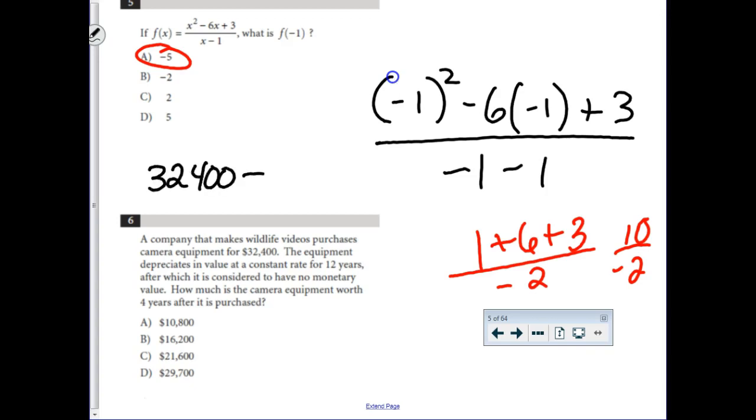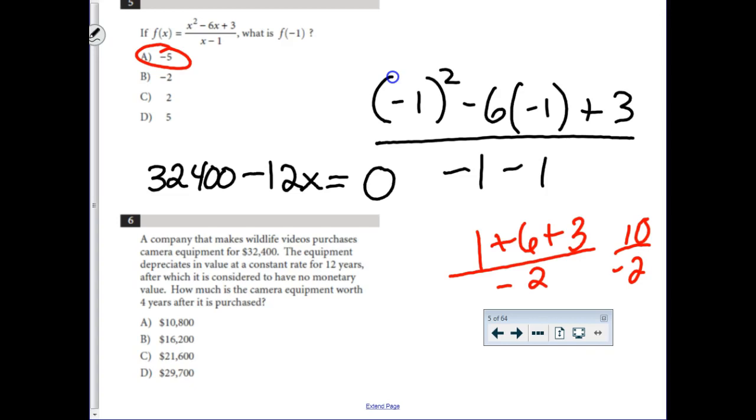And if it depreciates, that means it subtracts a constant amount of whatever it is for 12 years. So I'm going to call that 12x. And then they're saying it depreciates all the way down to having no monetary value, which is just a really fancy way of saying equals 0.